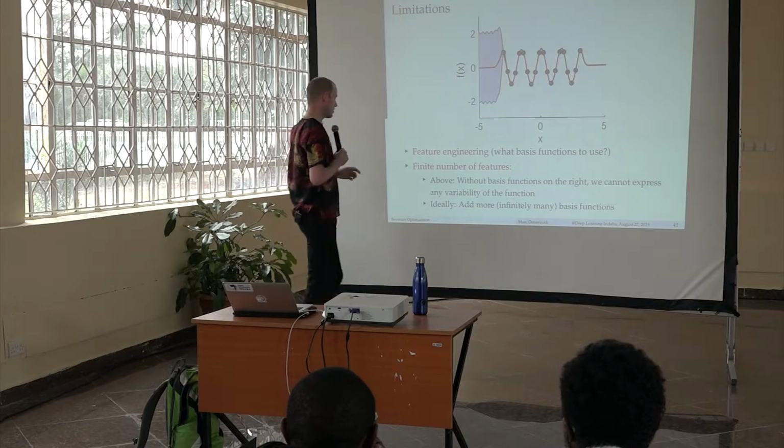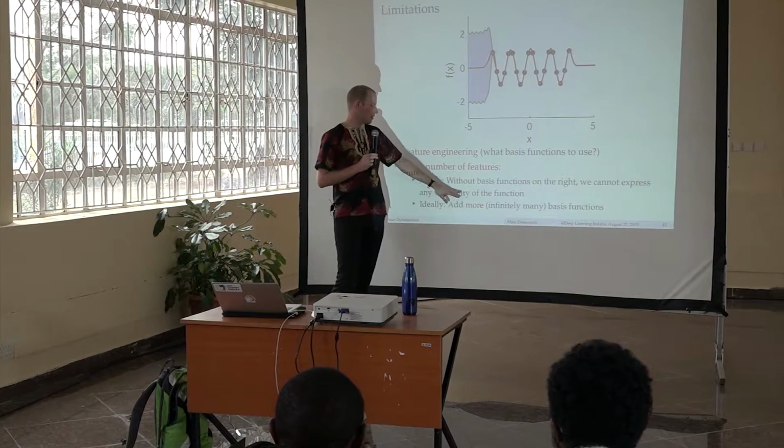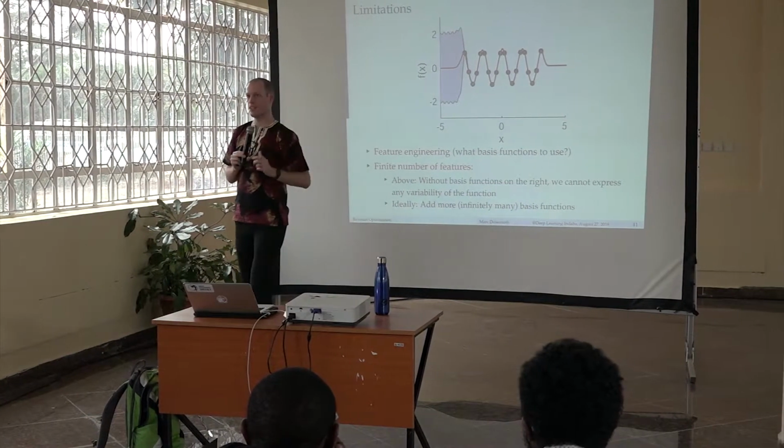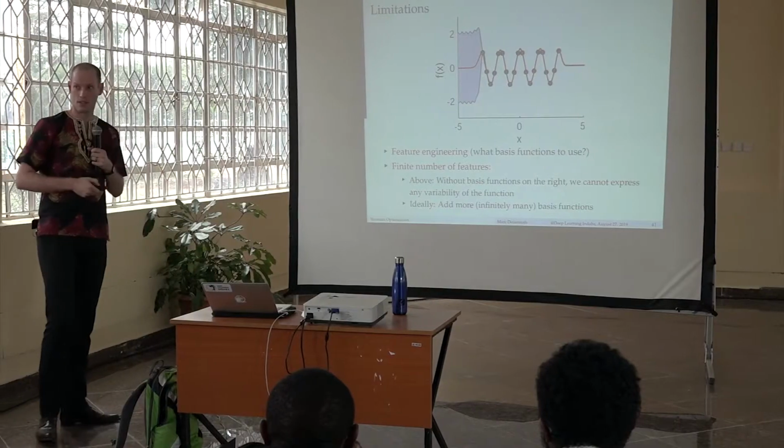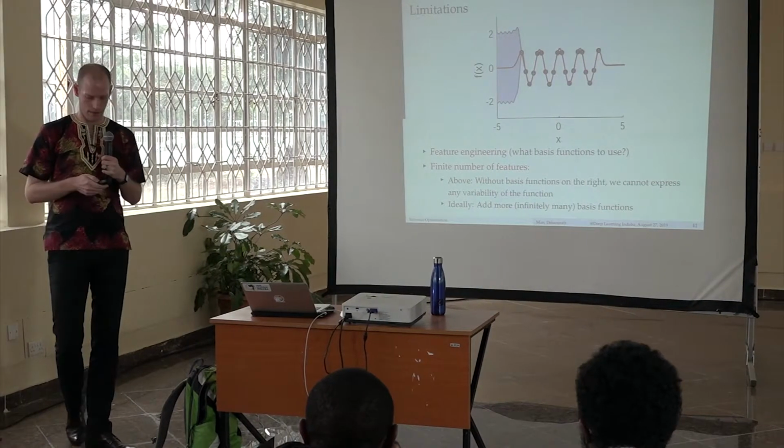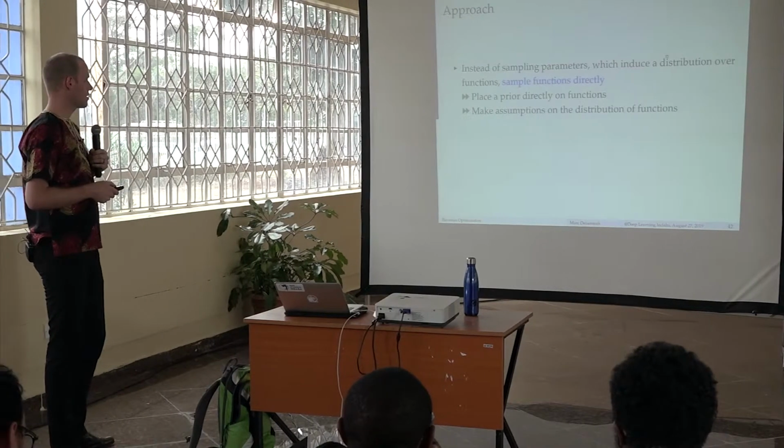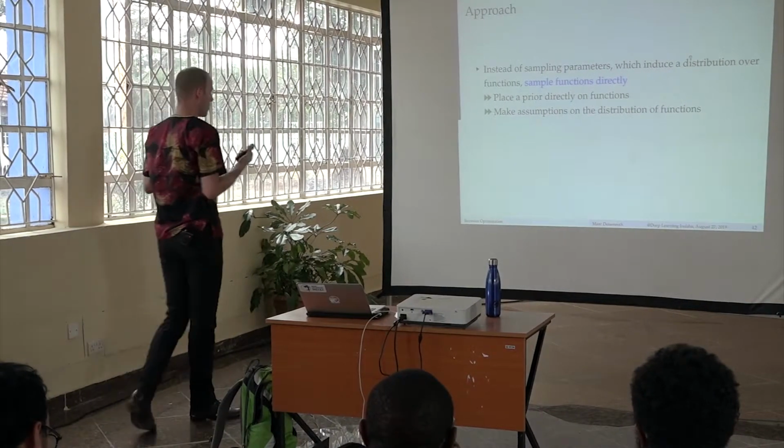That means we cannot express any variability of the function, and as you said, ideally we would like to add infinitely many features and then spread them all over our domain. Then we get these error bars everywhere.